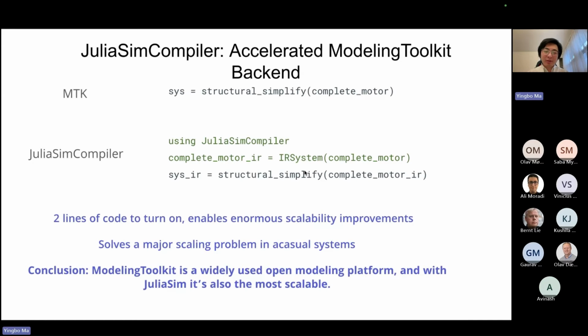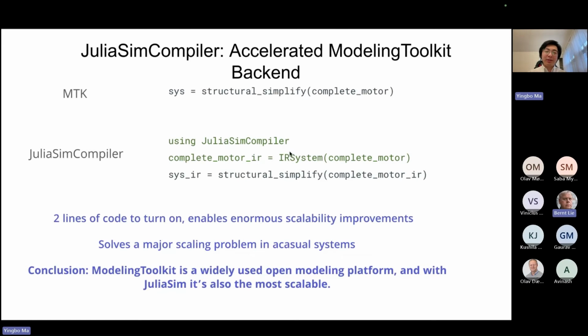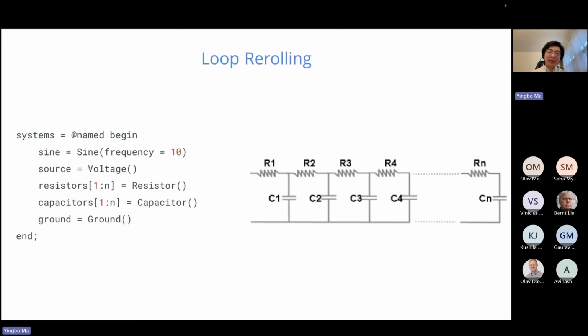But just before structure simplify, we only need to add an IR system call to convert a ModelingToolkit system to a system inside the DigiWell compiler. And all the other code should be more or less the same. The point here is that with just 2 lines of change, we can enable enormous scalability improvements.